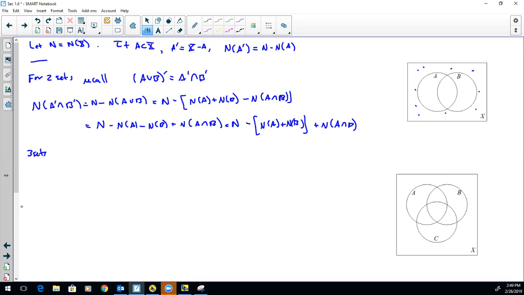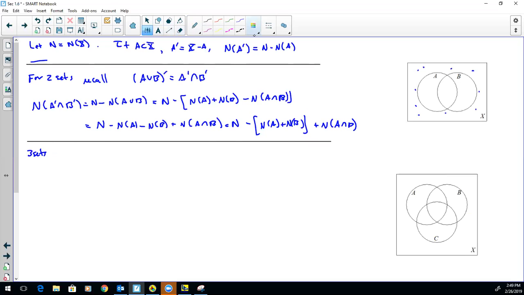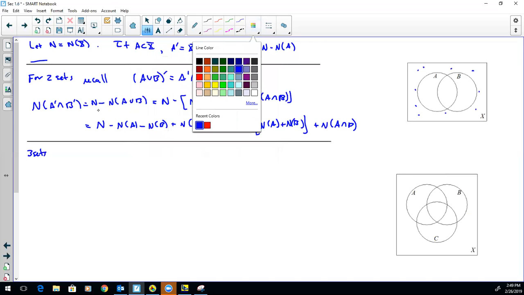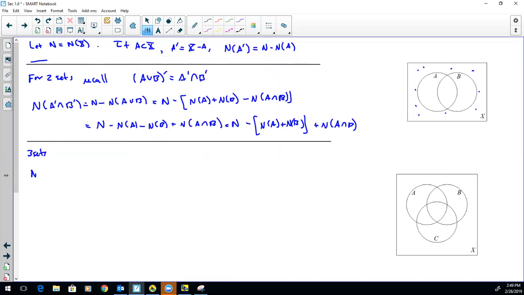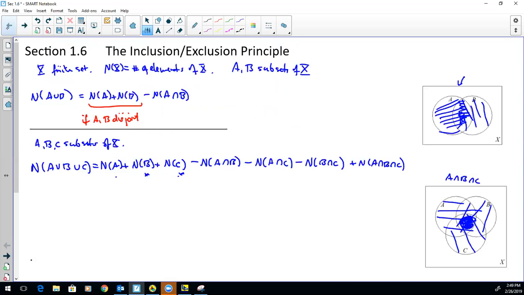Okay. So for 3 sets, things get a little bit awkward looking here. For 3 sets, the number of elements that aren't in A and aren't in B and aren't in C is the total number minus the number that's in the union, which we'll go back to the formula we had before.